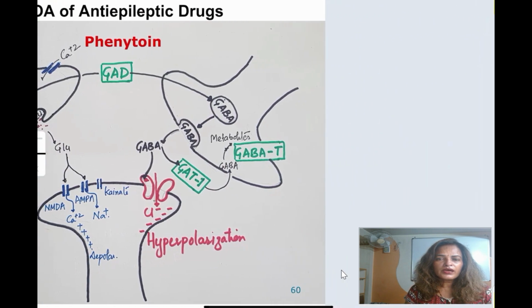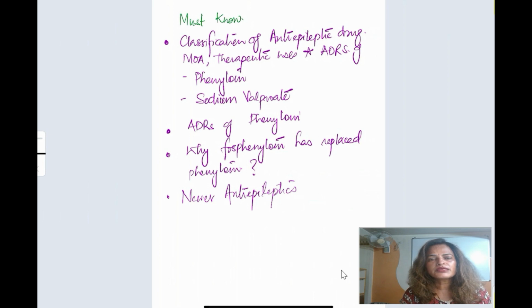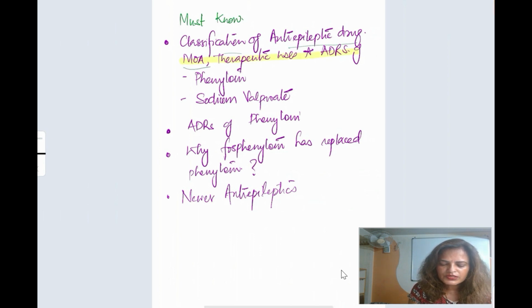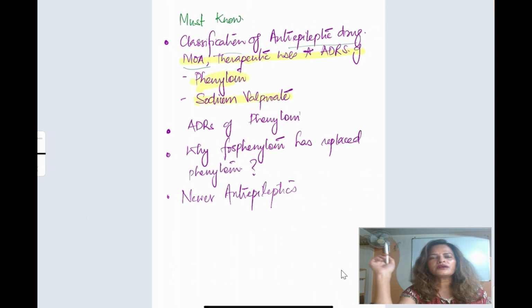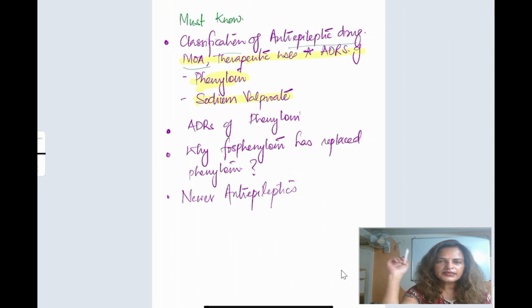So far, what are the important questions which you must know or which can be asked in the exam? Very commonly asked is the classification of anti-epileptic drugs. So far it is not complete, I have covered only one part. Then mechanism of action and therapeutic uses of these two drugs are very important. This I have covered, Phenytoin, and usually these two drugs are mainly asked for mechanism of action, therapeutic uses, and adverse effects.